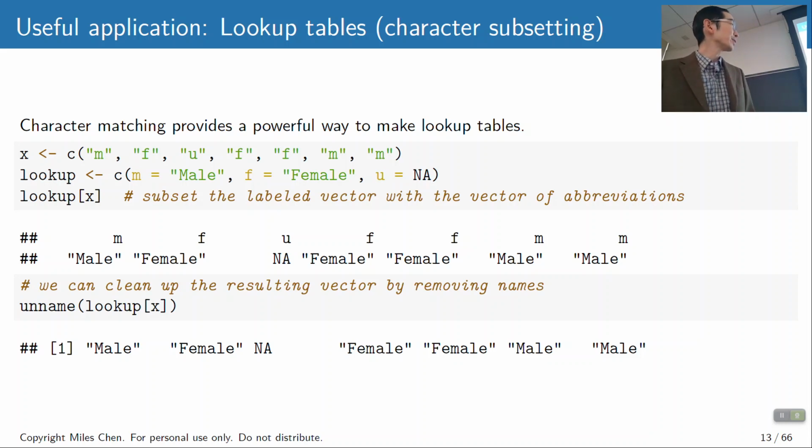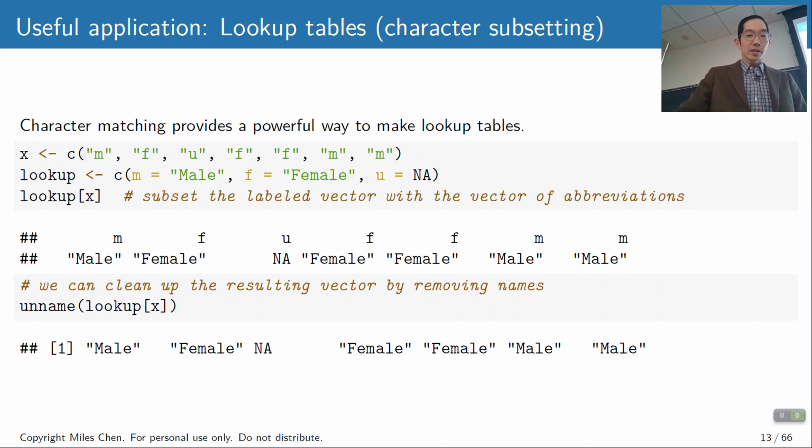So a useful application of named vectors is you can create a lookup table. Here I have this vector X, and I have the letters M, F, U, F, F, M, M. It's a character vector. Let's say I wanted to replace all instances of M with male, all instances of F with female, all instances of U with missing.